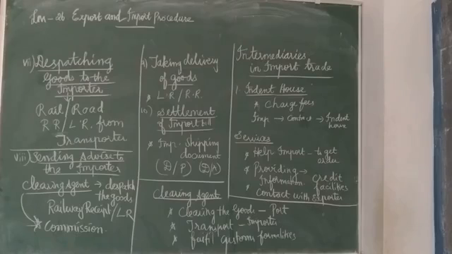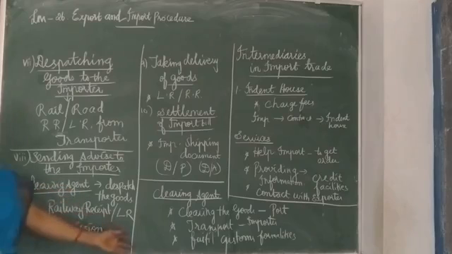What are the import documents? Already we have seen bill of lading, bill of entry, letter of credit, bill of sight, port receipt, bill of exchange, advice note. These are all the documents we have seen, isn't it?